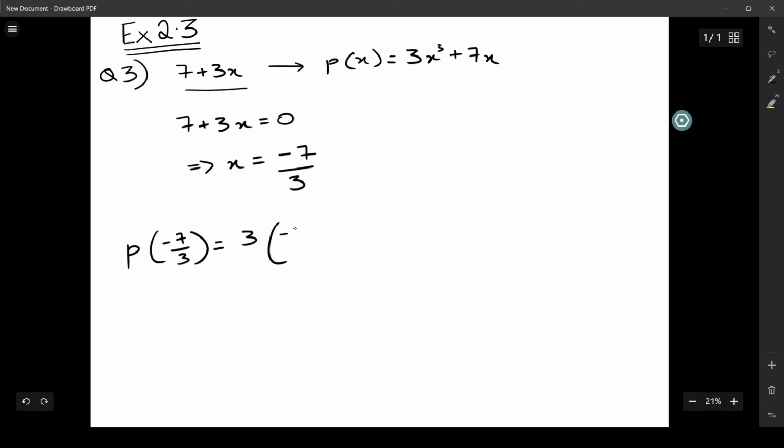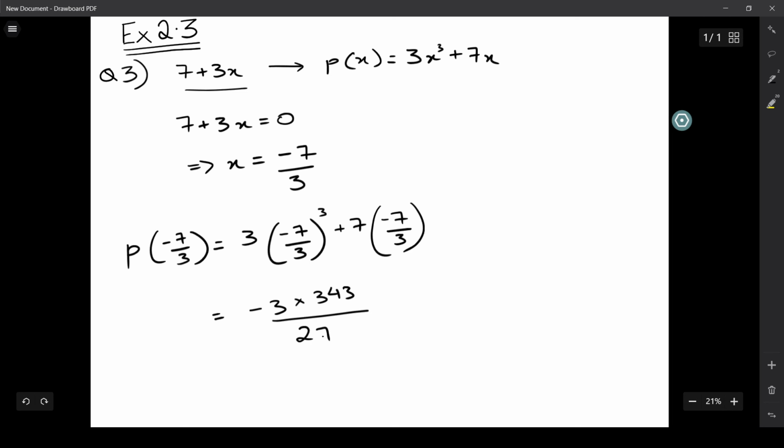Gives me 3 into minus 7 by 3 whole cube plus 7 into minus 7 by 3. This gives me minus 3 into 343 by 27. This gives me minus 49 by 3.